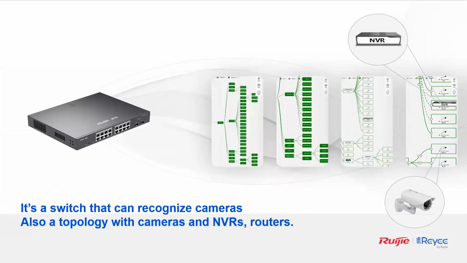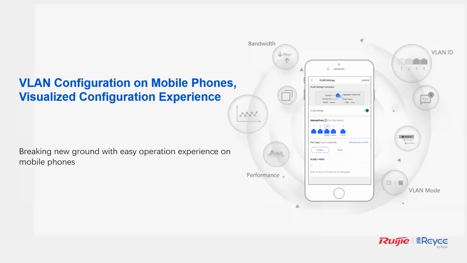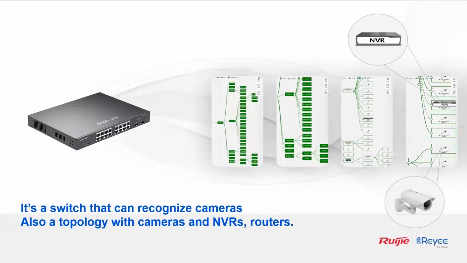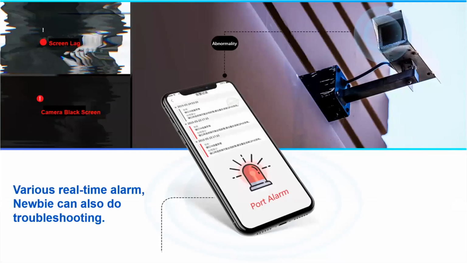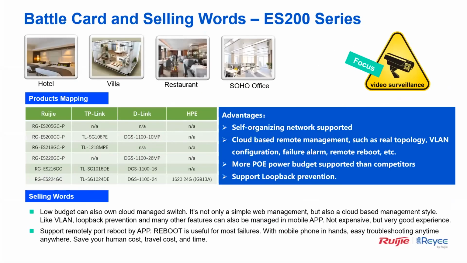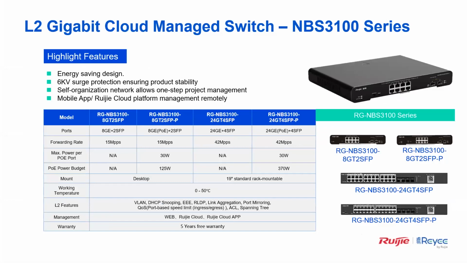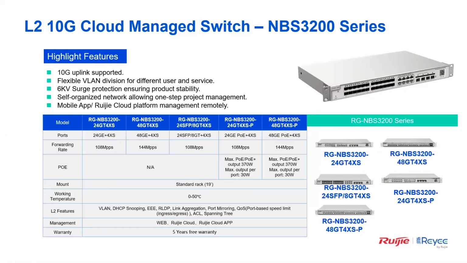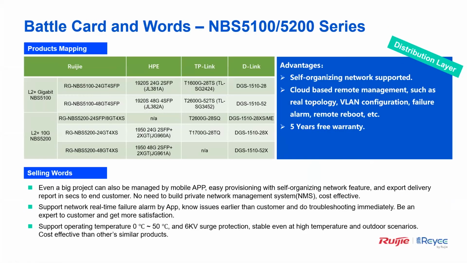And a lot of configuration can be done via the Reyee Cloud app, like VLAN configuration and camera recognition. We can display the camera in the topology, also the NVR. Here the NBS 31 has a 5 year warranty, better performance, longer warranty, better support, but the cost is more cost effective compared to other competitors.